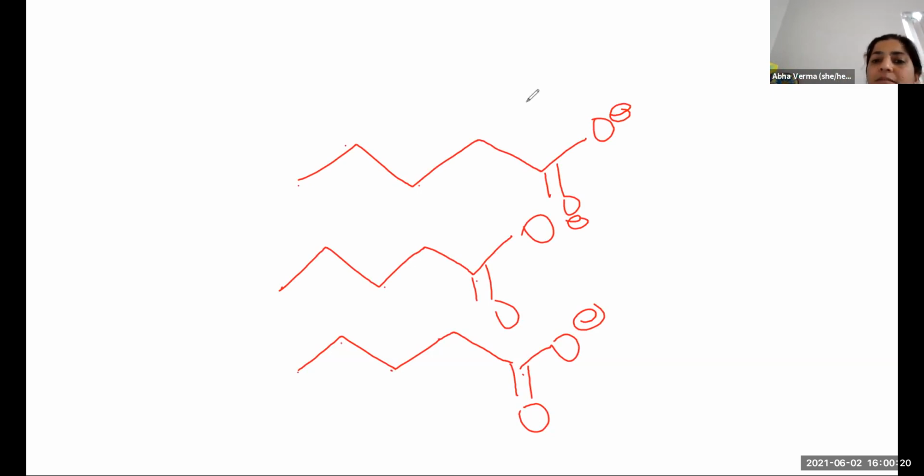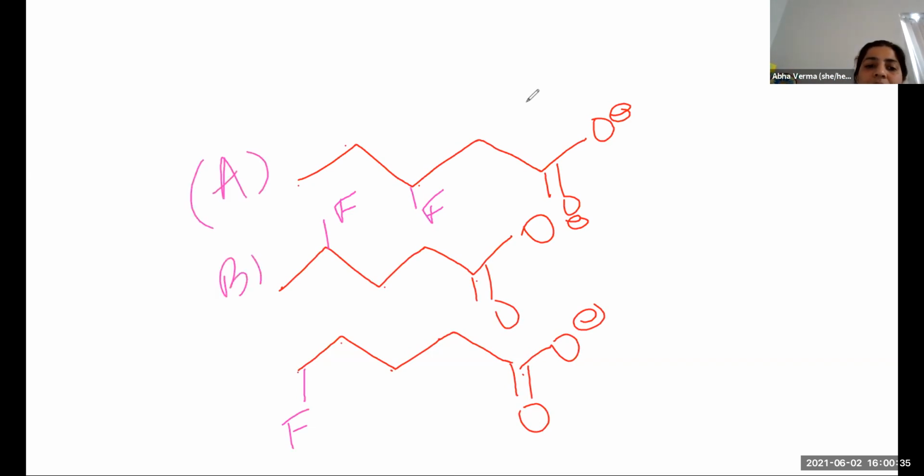On one of these, I have a fluorine at my 5th carbon. On one of these, I have my fluorine on the 4th carbon. On one of these, I have my fluorine on the 5th carbon. Out of A, B, and C, which is going to be the most stabilized conjugate base and why?